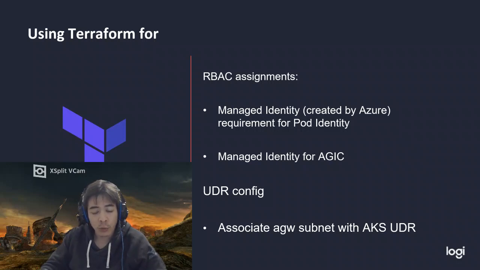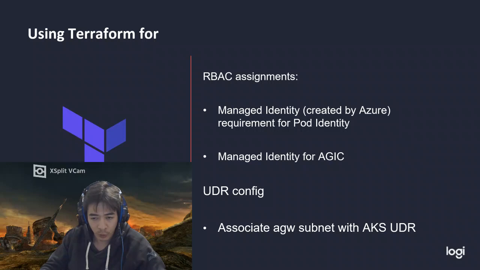I will need to do an RBAC assignment on the managed identity that I will use for my AGIC deployment, which will also be associated to the pod corresponding to my AGIC through pod identity. I don't want to go into too much detail with pod identity today.